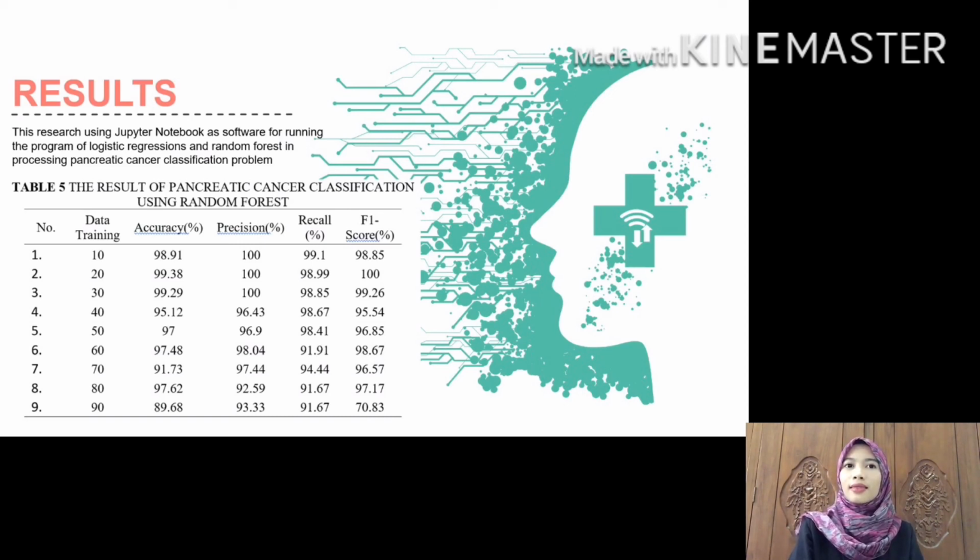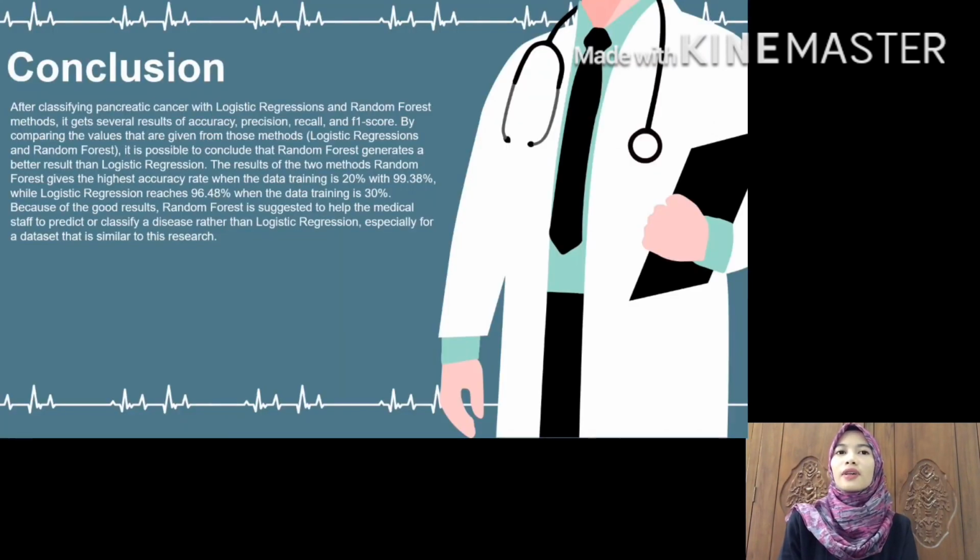In precision, 10%, 20%, and 30% of data training reach the maximum value, that is 100%. For recall, the highest value is 99.10% for 10% of data training. For F1 score, 20% of data training reaches the maximum value of 100%.